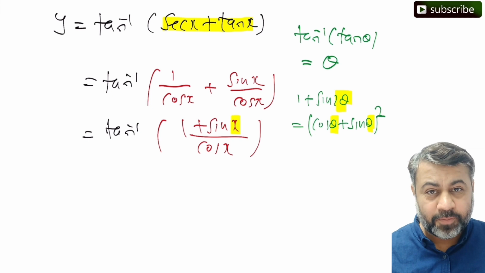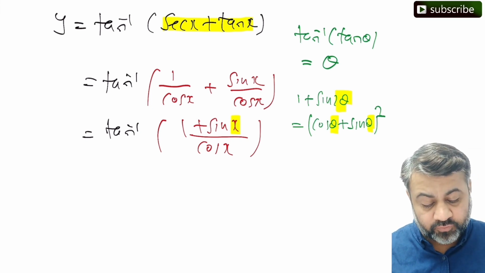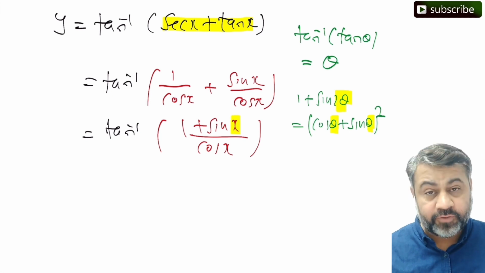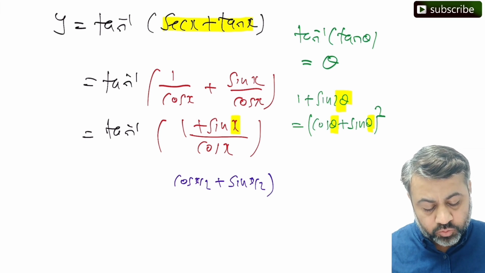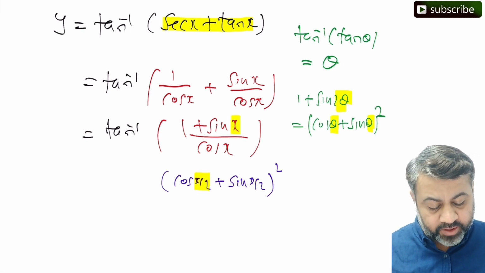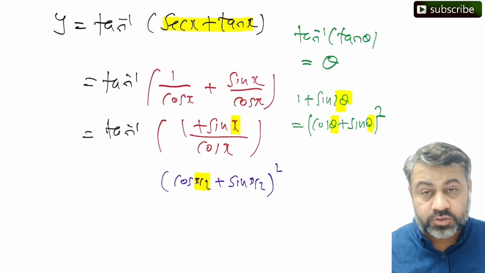If I want to apply the formula in place of 1 plus sine x, we'll write 1 plus sine x as cos of x by 2 plus sine of x by 2 the whole square. What I want you to observe here is the angle after applying the formula becomes x by 2. So this is about the numerator.